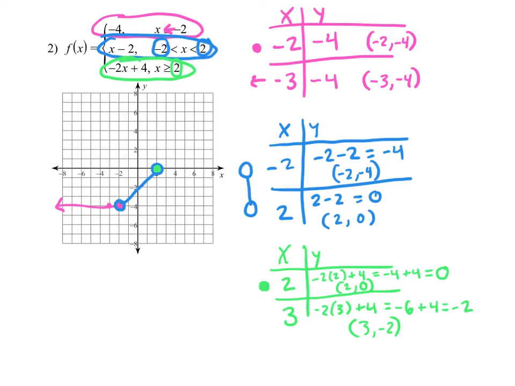So we go to the right 3 and down 2. Which direction is our arrow going to go? Right. Look at our inequality here. Our arrow points to the right. So our arrow here is going to point to the right. So this is our graph for number 2.